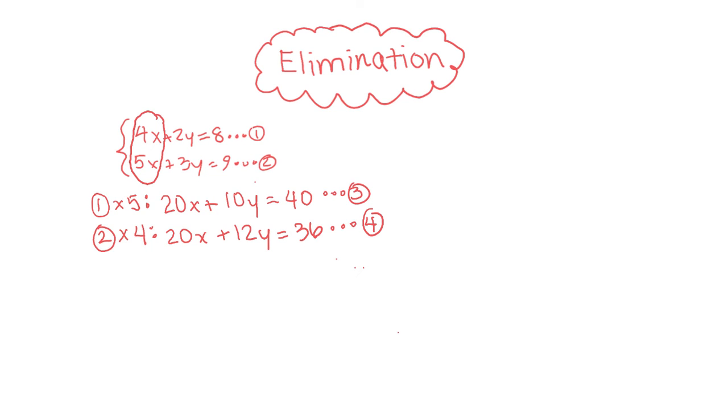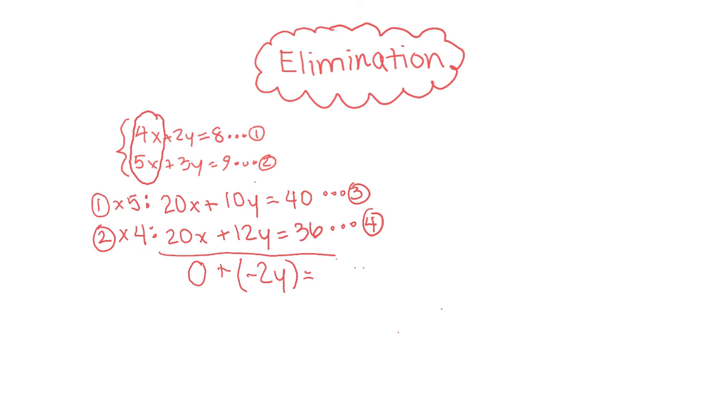Now we take the third equation and subtract the fourth equation. That may sound complicated, but really isn't. All you do is 20x minus 20x, which is 0. So if we just draw a line like this, 20x minus 20x equals 0. So 0 plus 10y minus 12y is minus 2y, sorry.